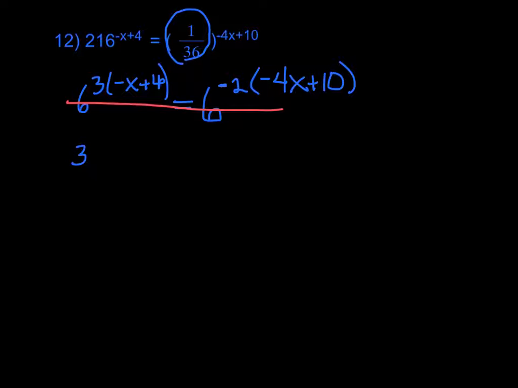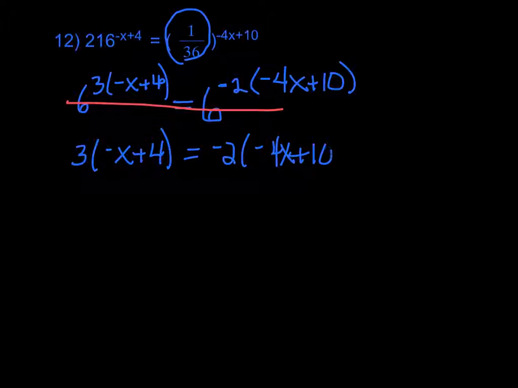So let me rewrite this. So we have 3 times negative x plus 4. Again, you should be putting this into your notes. And then we have negative 2 times negative 4x plus 10. All right, so why don't we do a little bit of distributing here.